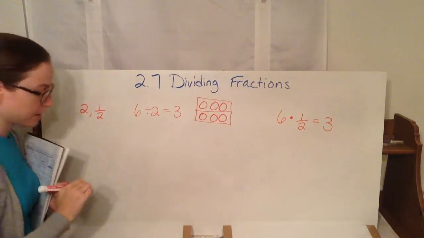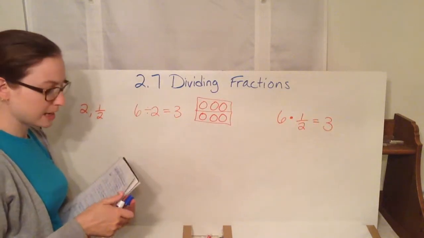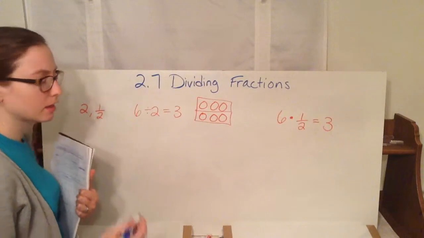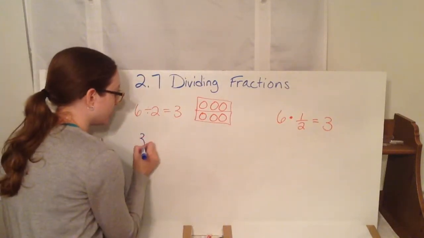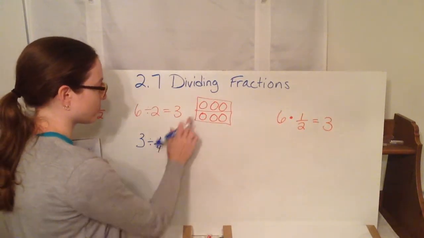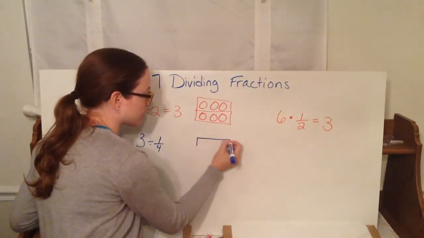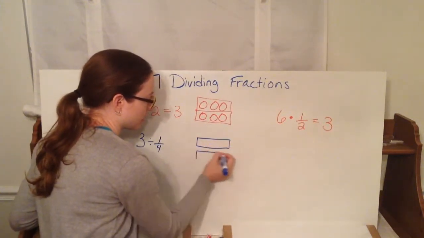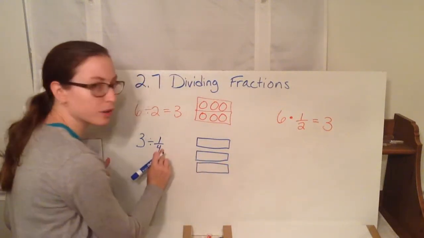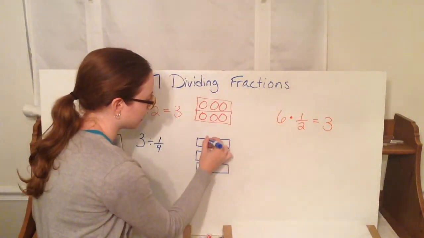Another example is if I say something like 3 divided by 1/4. And so that's not as easy, we might not know it right away, but that's me saying that I have 3 things and I want to know how many fourths are in them. So I have to split this into fourths and count up how many fourths there are.